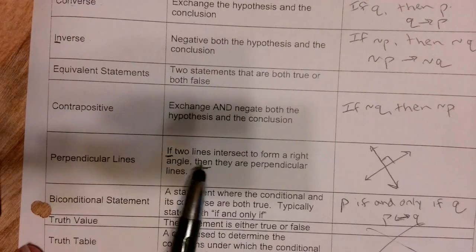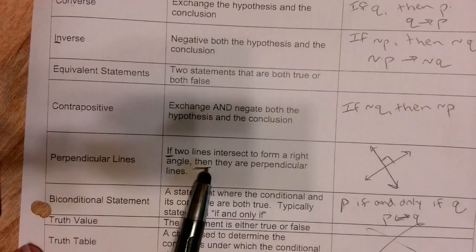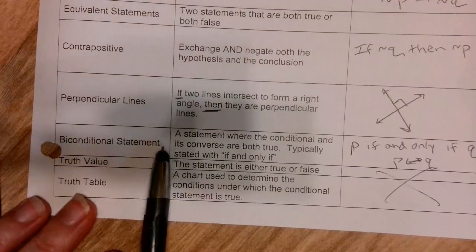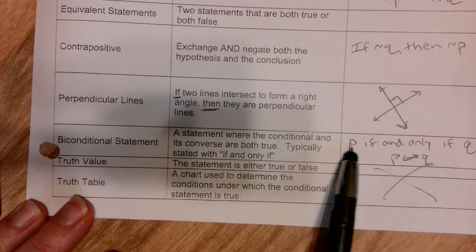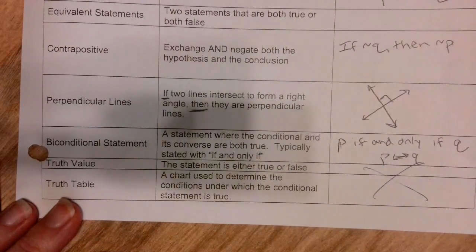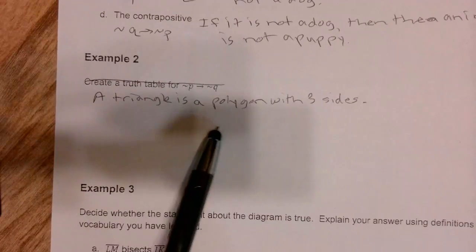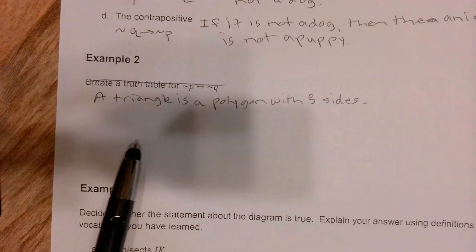Many of the definitions are if-then statements. What I want is for us to turn it into a biconditional. P, if and only if Q. So we need something that has an if and only if in the middle.